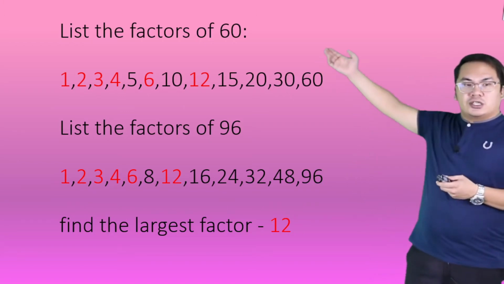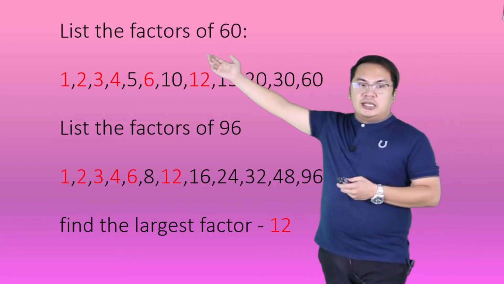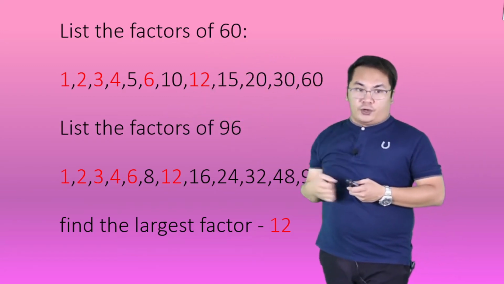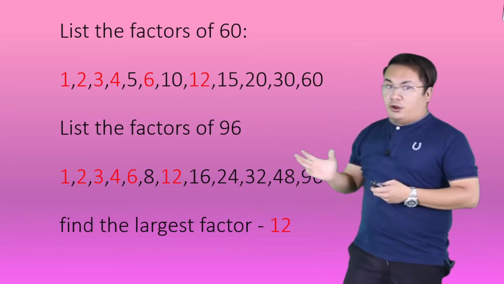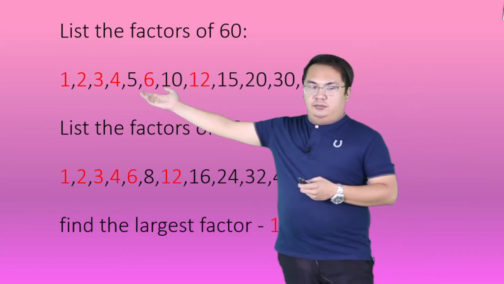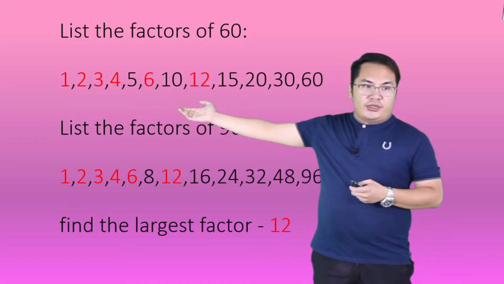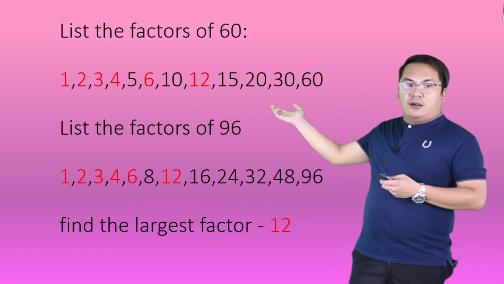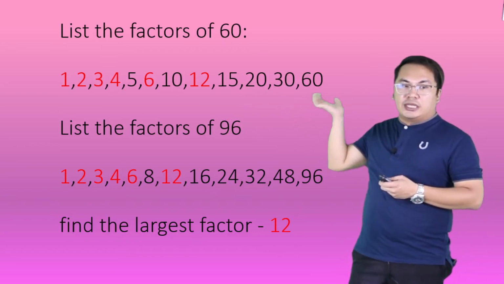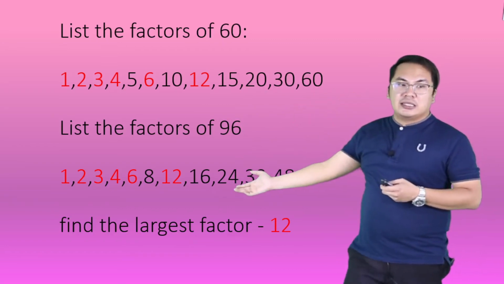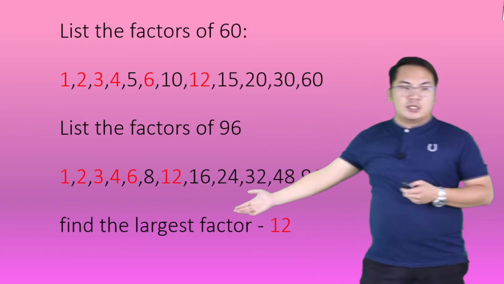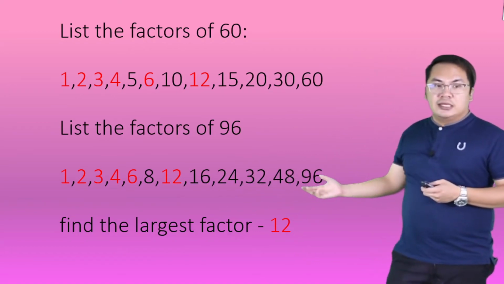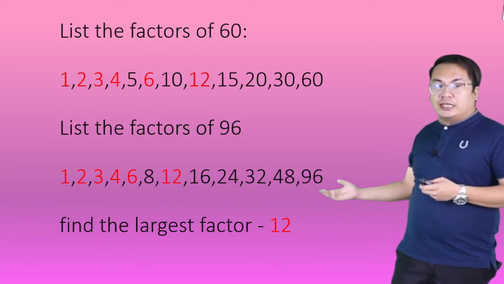So we have here 60, and these are the possible factors. We can have 1, of course. 1 is a factor of every number. 1, 2, 3, 4, 5, 6, 10, 12, 15, 20, 30, and 60. How about the 96? We have here 1, 2, 3, 4, 6, 8, 12, 16, 24, 32, 48, and 96.